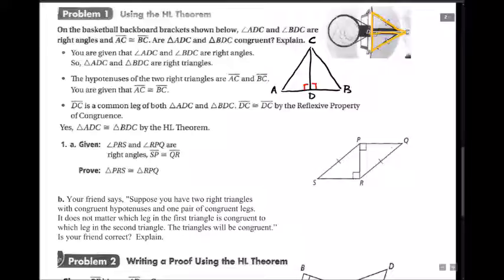And segment AC is congruent to segment BC. So this is given. Okay. And what do we need here? Reflexive property is going to give us a congruent leg.